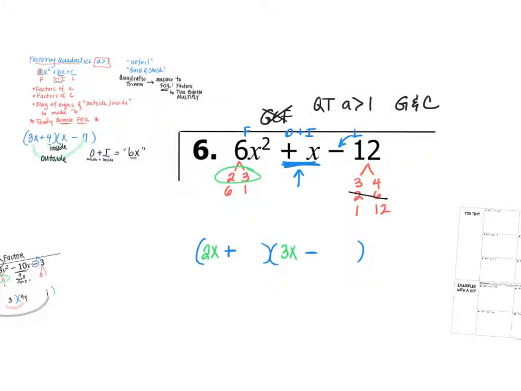Those won't work because they cannot go into a binomial that already has a GCF with it. If we put 2 in here, we're going to create a GCF between 2 and 2. And if we put 6 in here, we're going to create a GCF between 3 and 6. And even if we swapped them, 2 won't make a GCF here, but 6 will. So there's no way I can get these in here properly.